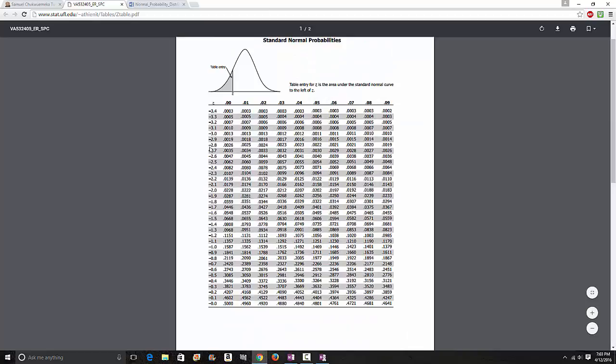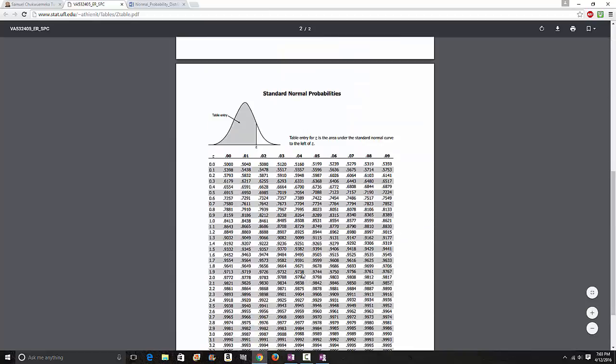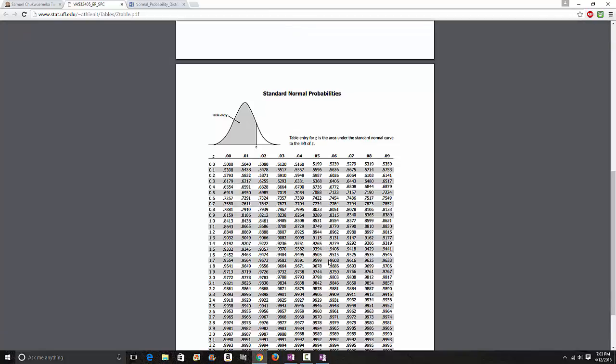The only first column and the first row are the z-scores. But under it are now the areas or probabilities or relative frequencies. Just know that it's the same thing, whether you say area or probability or relative frequency.